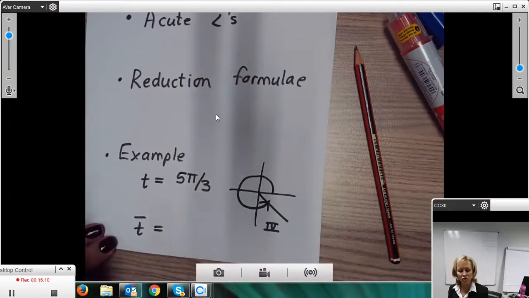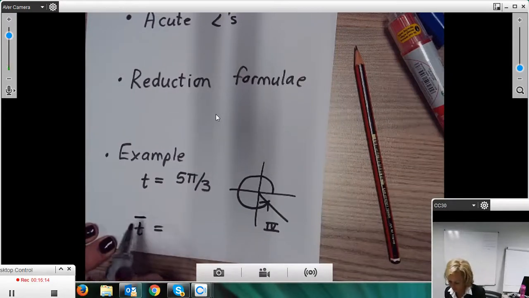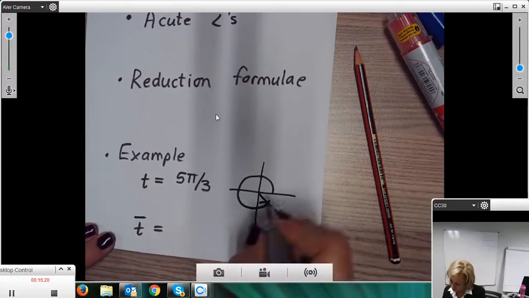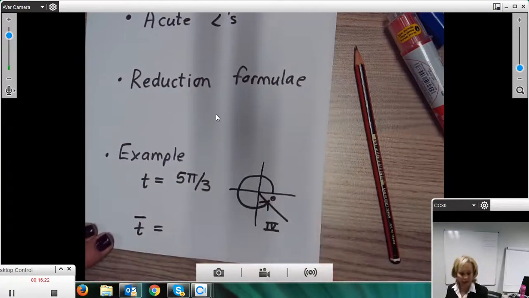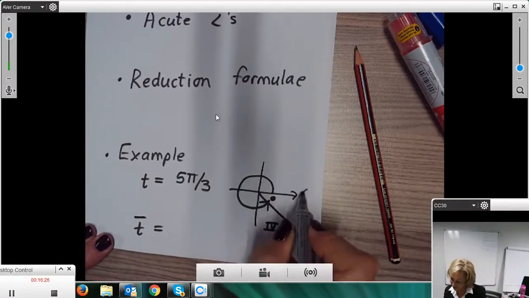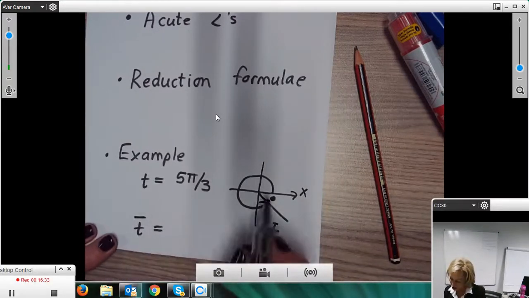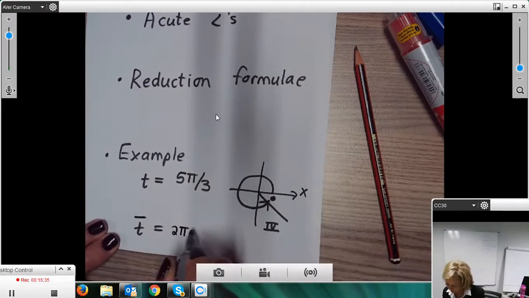Now we have to reduce that angle and find the reference angle, which in your study guide we write with the notation T bar. So the reference angle will be this angle here that I've marked with the dot, which is the angle to the nearest x-axis. And of course that is going to be acute. So it's going to be 2 pi minus 5 pi by 3.